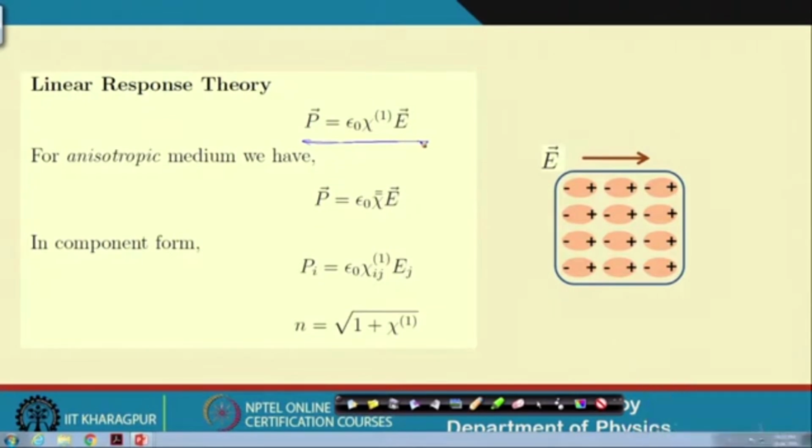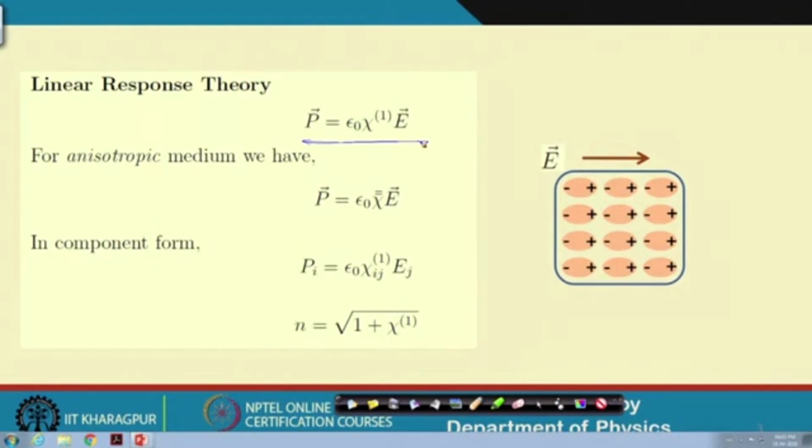From this equation we can see that this is a vector equation, and if E is a vector, P has to be a vector. This is a very simple case where the direction of the electric field and the direction of the polarization are both in the same direction. So, the vector component P x is directly related to the component E x, P y is directly related to E y, and P z is also directly related to E z.